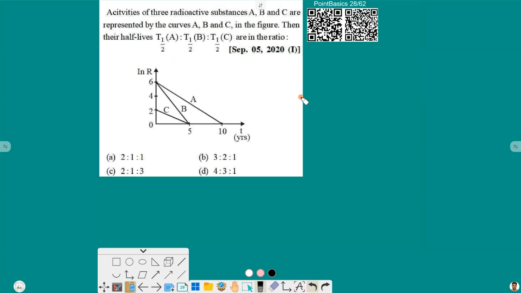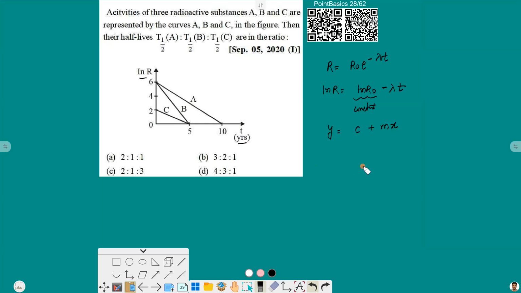Now, regarding activity, we have the relation that R is equal to R node e raised to power minus lambda t. We can see that the graph is between ln R and t. So let us take log. We get ln R is equal to ln R node minus lambda t. The ln R node is a constant term, so this is y equal to c plus mx.